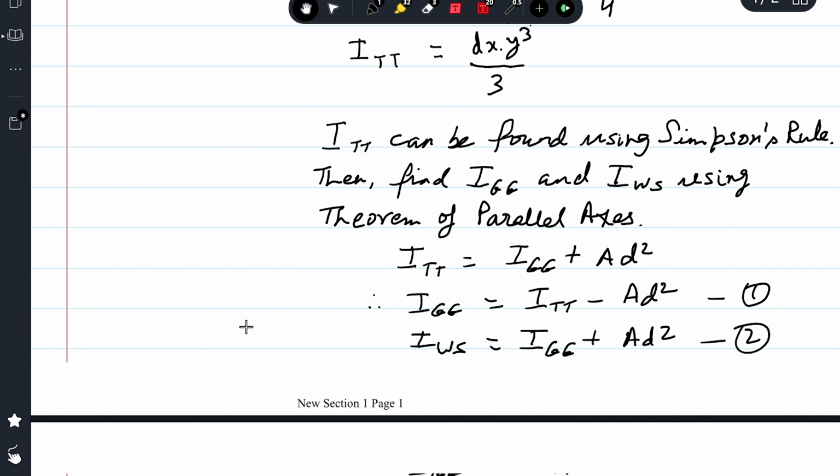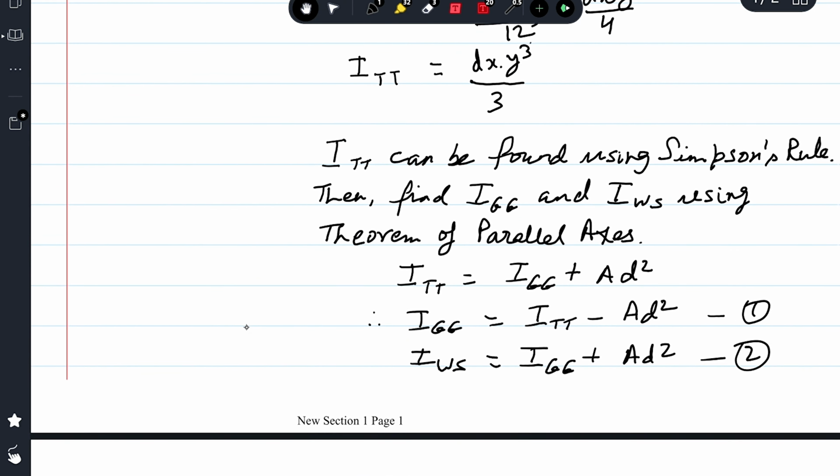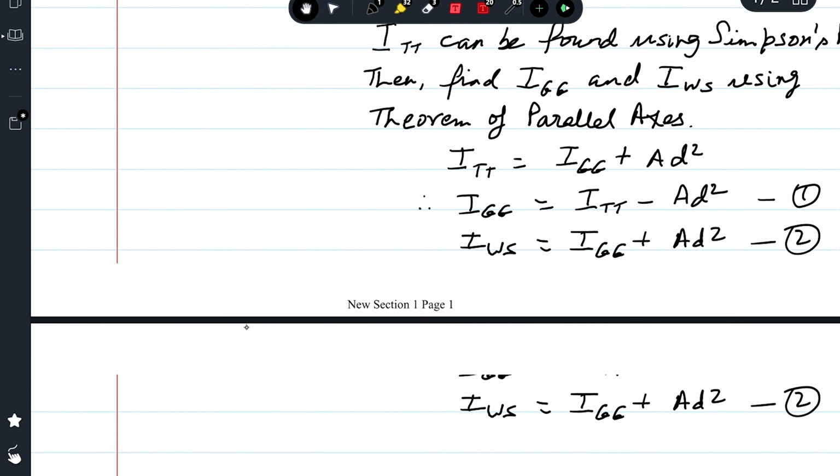In equation 1, D was the depth of the centroid below the tank top, because the two axes were one passing through the centroid and one at the tank top. Now our second axis, parallel to the axis through the centroid, is at the water surface. So D is the depth of the centroid below the water surface, and in equations 1 and 2, D will be different. This is how we get the moment of inertia about the water surface.